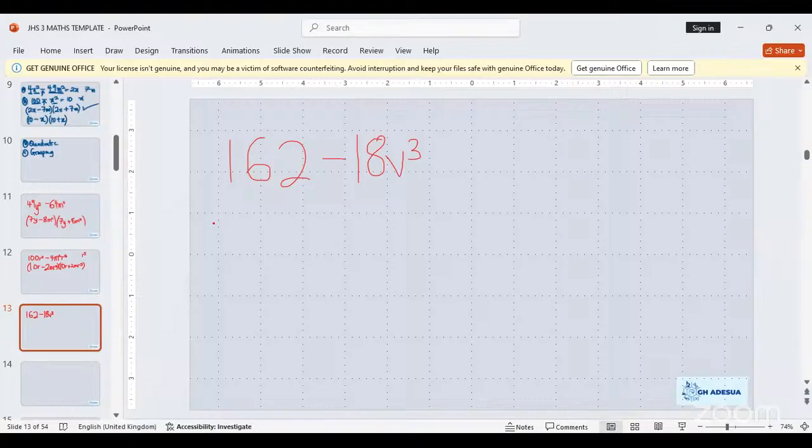Now 2 times 81 is 162. So 2 would be out. Then we open a bracket. That will be 81 minus 9 v^3. Bracket closed. That's our first step.